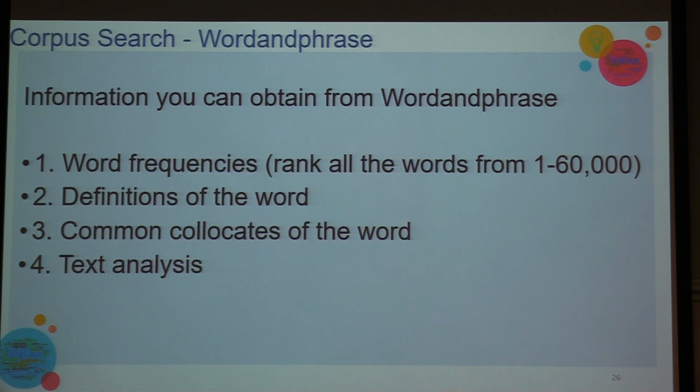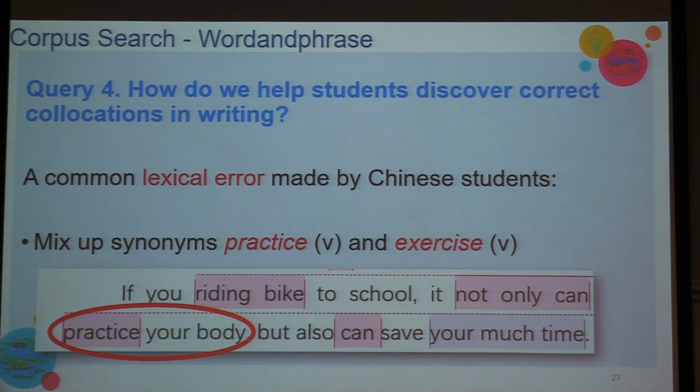You don't need to observe the patterns. It can extract all the common collocates. And the text analysis is very useful, particularly when it comes to writing. It can analyze, for example, the composition of student writing, whether students use lots of high-frequency words or less frequent words. Okay, let's start with a concrete query.